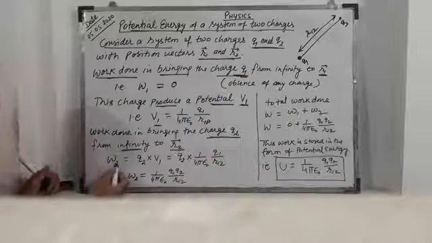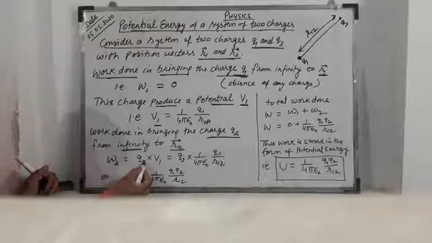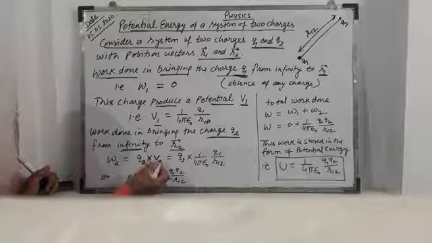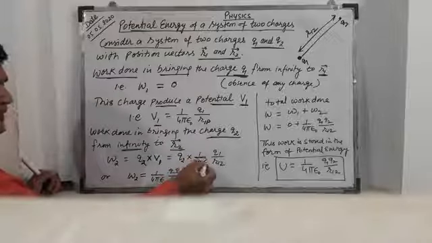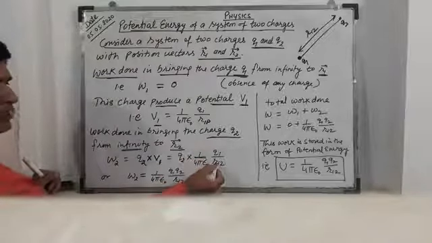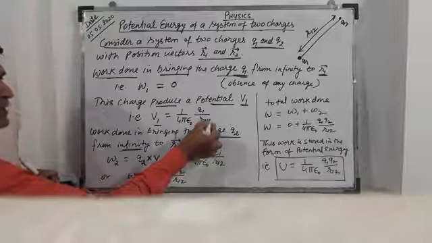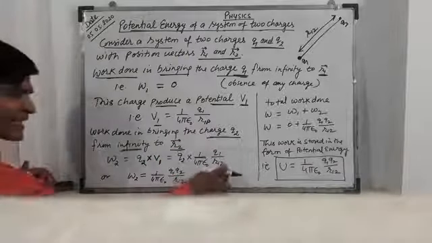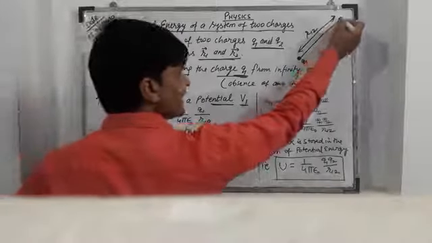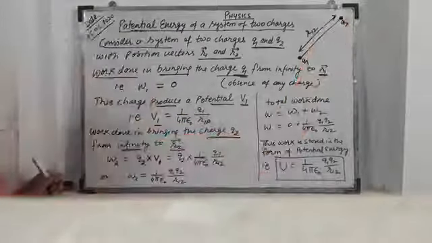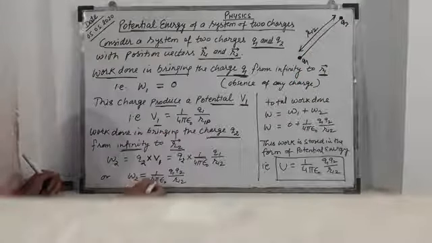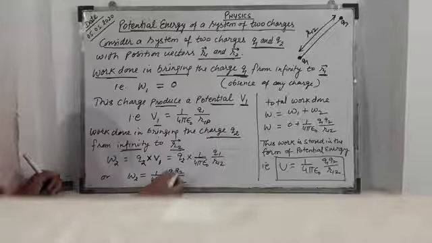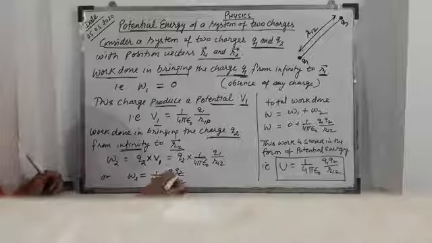So work done W2 equal to Q2 into potential of Q1, that is V1. Then we get Q2 into 1 upon 4 pi epsilon naught Q1 upon R12 in place of R1P, because now we are calculating the potential at position R2. Then we get W2 is equal to 1 upon 4 pi epsilon naught Q1 Q2 upon R12.